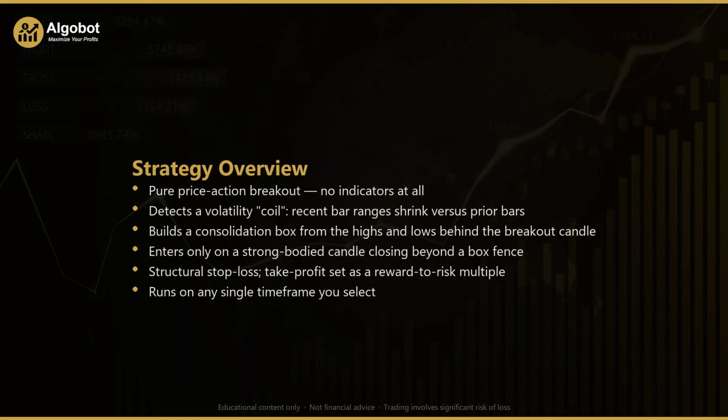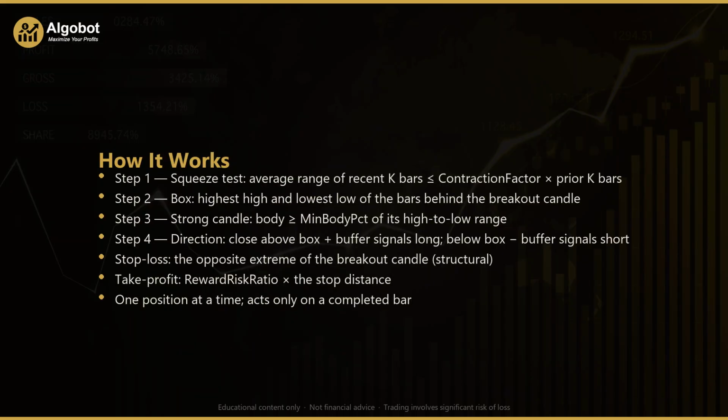the risk of loss. Let's walk through the exact logic the strategy follows, step by step. Everything begins on the close of a completed candle. The expert advisor waits for a new bar to form, then looks back at the candle that just finished. That just completed candle is the breakout candidate, and the entire analysis is built around it. First comes the squeeze test.